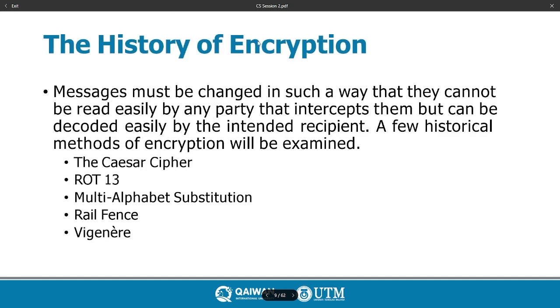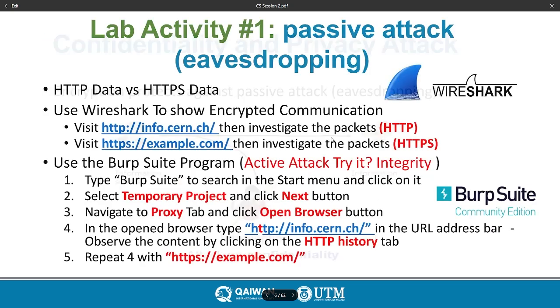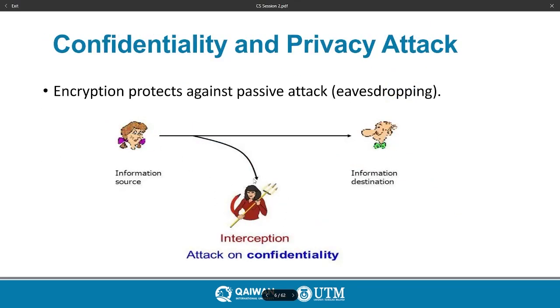Now, the history of encryption. Messages must be changed in such a way that they cannot be read easily by any party that intercepts them, but can be decoded easily by the intended recipient. In other words, this person should not be able to understand the idea behind that message, only this person. Why?